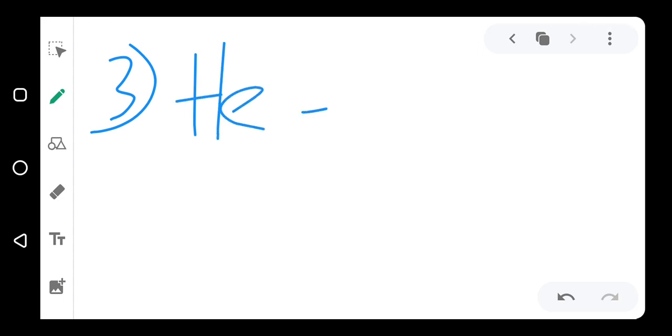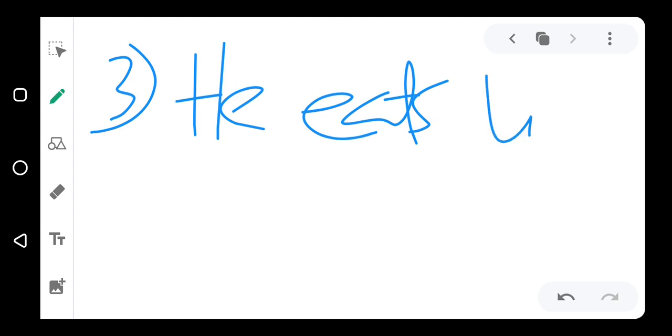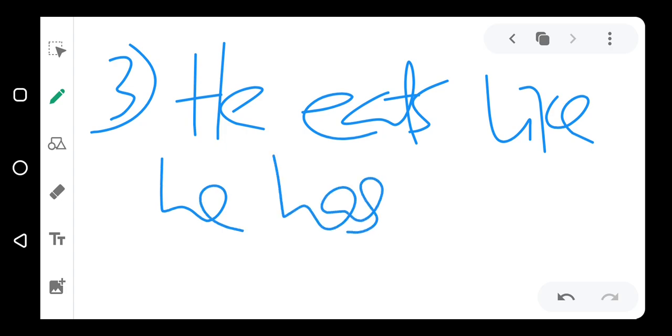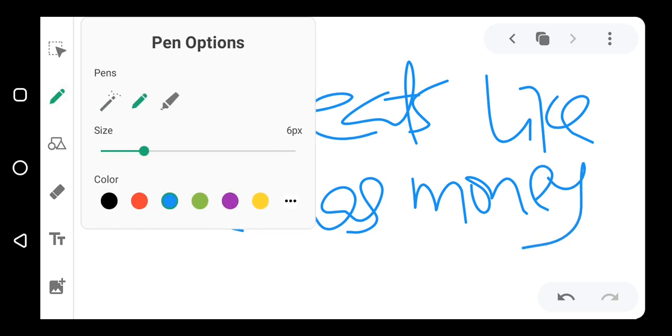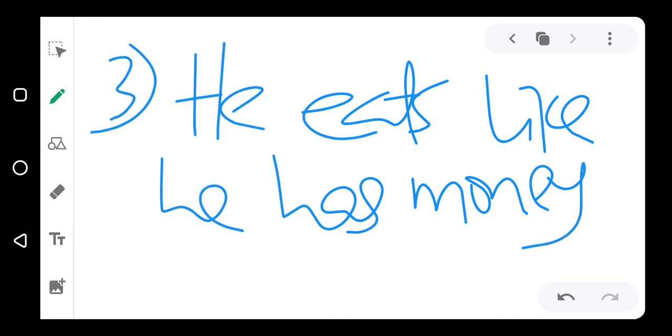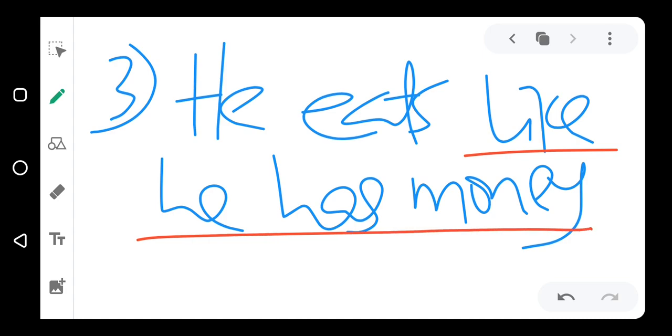Example 3. He eats like he has money. We can mark off this part of the sentence, like he has money.